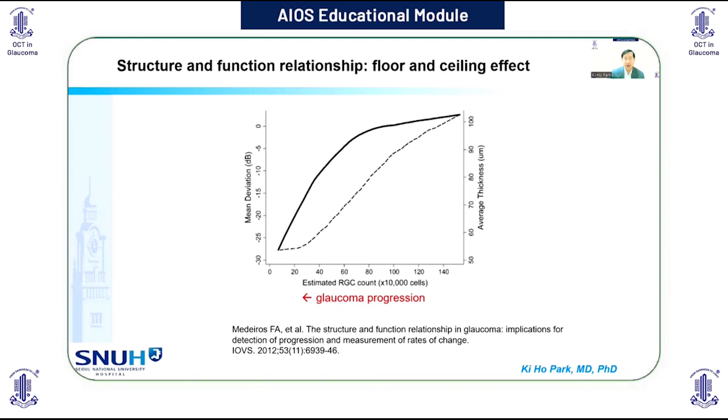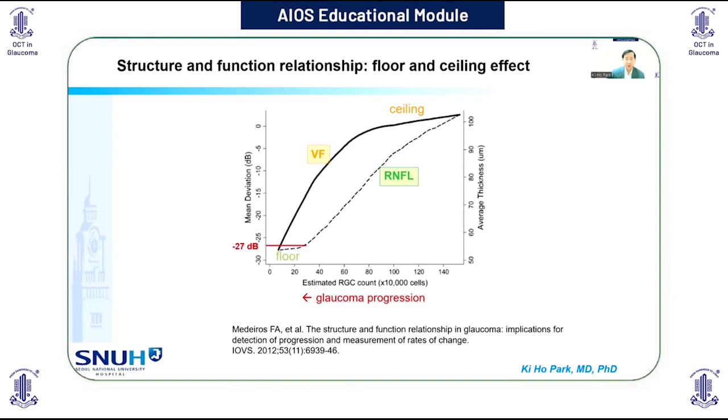So the left side is the glaucoma progression direction. So at the beginning, visual field change is slow, what we call the ceiling effect. Compared to that, retinal nerve fiber layer change is faster at the beginning, and it reaches a plateau, which we call the floor effect at the later stage.